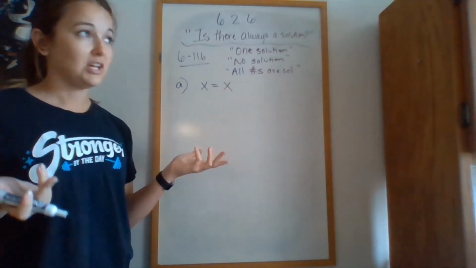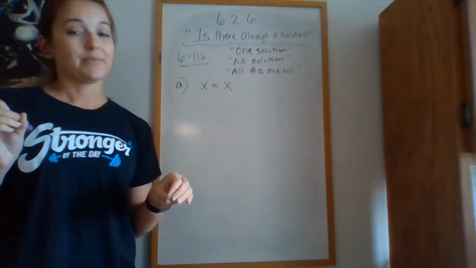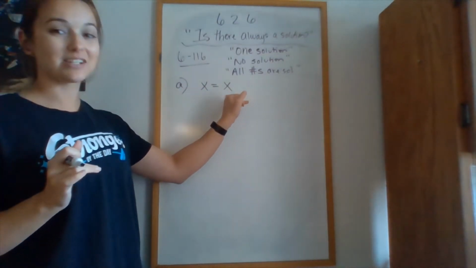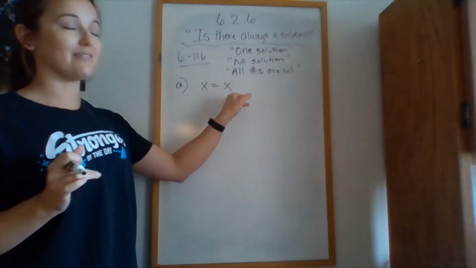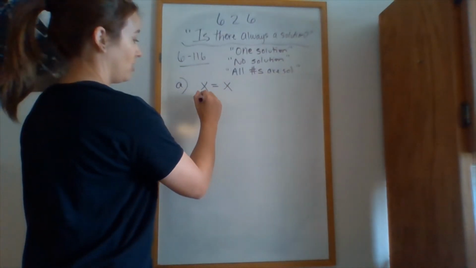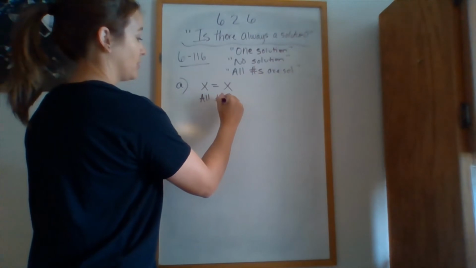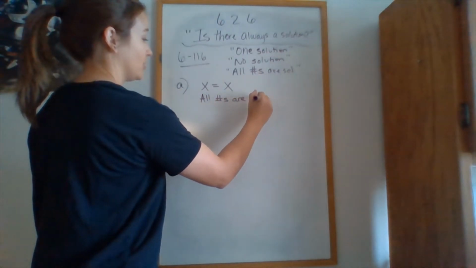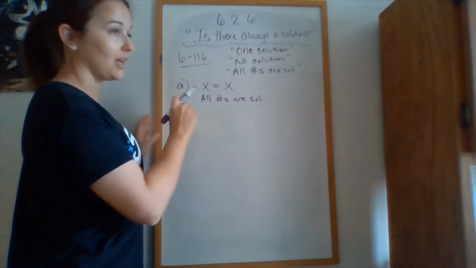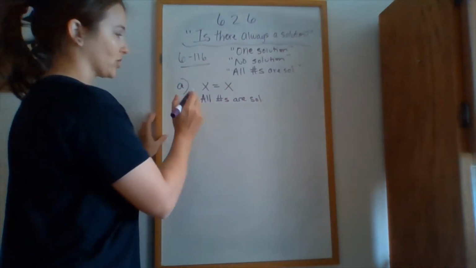That works too. And I'm pretty sure that if we plugged in any number for x, we would have that number on the other side. So for A, all numbers are solutions. Any number works for x. Any number, even a billion trillion, would work.